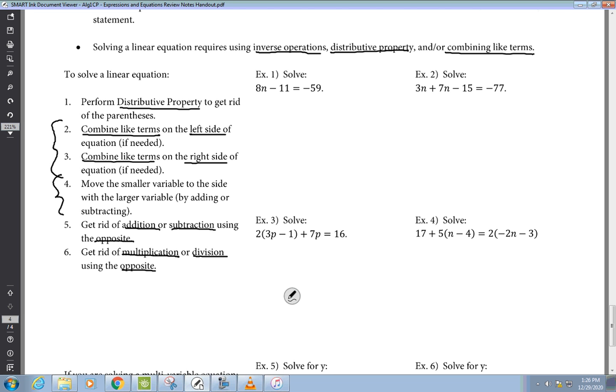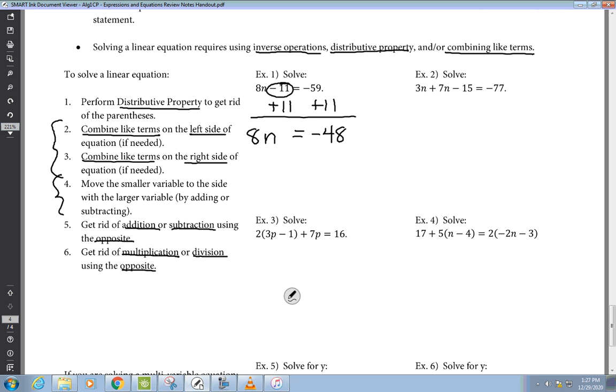So no parentheses, don't have to worry about it, don't have to combine like terms, and we don't have variables on both sides. So, to get the n by itself, we have to get rid of the negative 11. So you're going to add 11 to both sides of the equation. That's 8n equals negative 48.